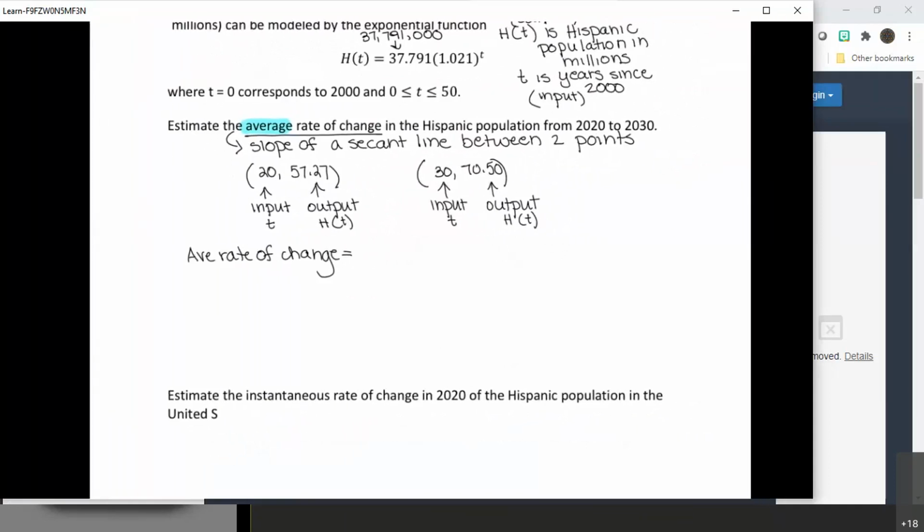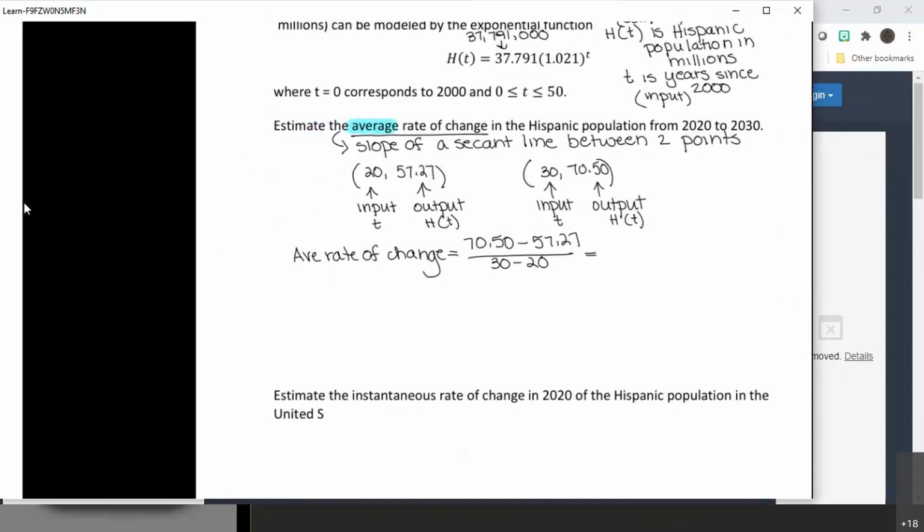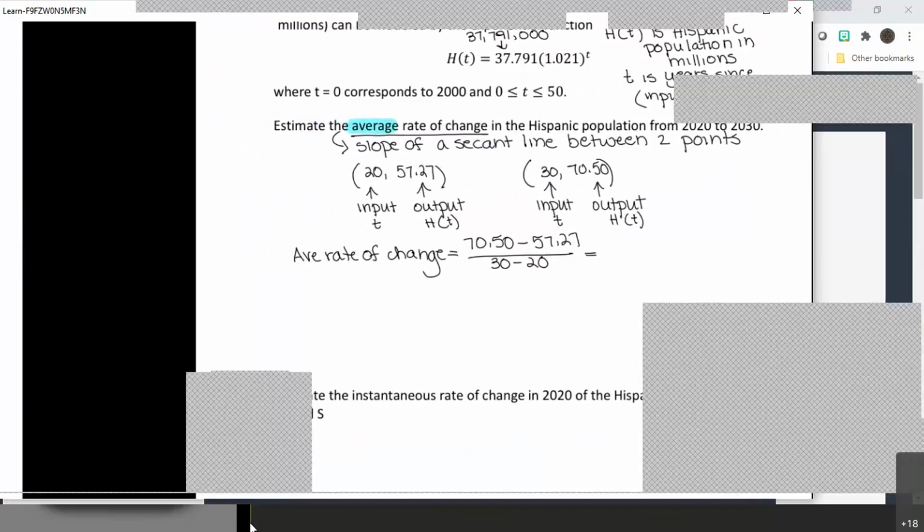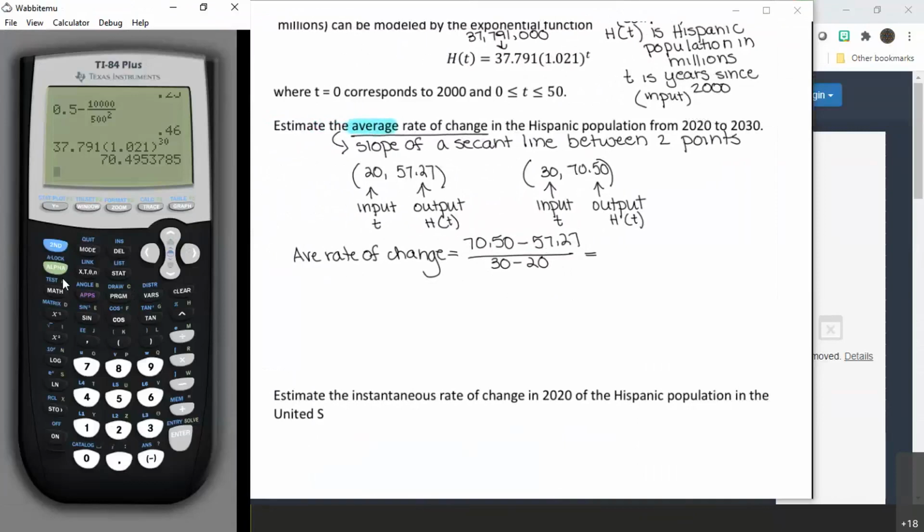I'm going to take the difference of my output values on top and divide that by the difference in the corresponding input values on the bottom. You can do this rather nicely on a TI. If you do this on the Web 2.0 calculator, please parenthesize the numerator and parenthesize the denominator, so the calculator will do the subtractions first and the divide last.